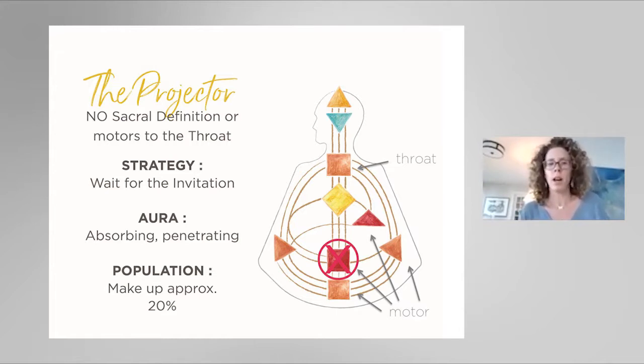And so projectors, when they have no motor to the throat connection, it means that in a way they need to rely on others to bring their vision or creation into the world. And I'll go more into that. But all of this, really, the core properties of their aura itself is that it's absorbing and is also penetrating and focused.